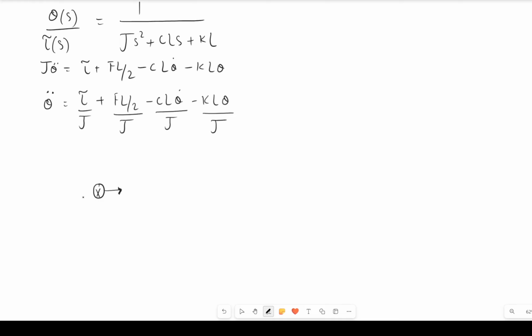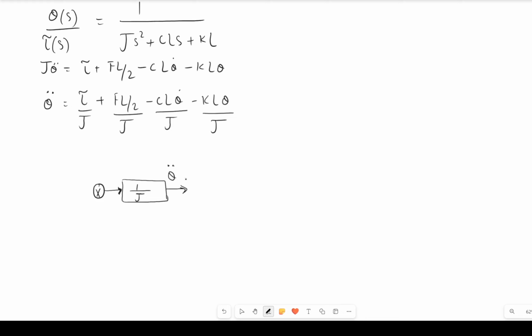But if we get all the inputs here, we'll get the output, which is multiplied by 1 by J, and then we will obtain theta double dot, right? So theta double dot is obtained after multiplying all the inputs with 1 over J.